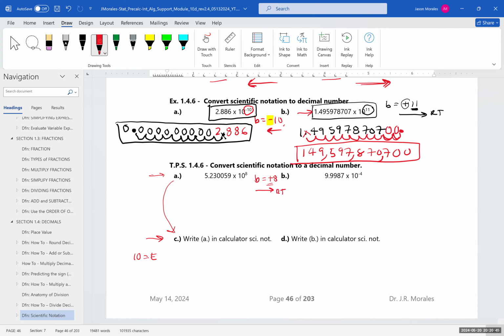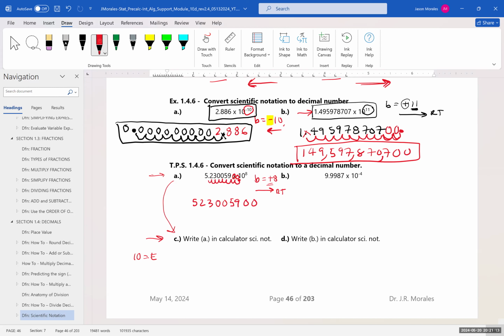All right, so here's our decimal point. We're going to move it 8 spots to the right. So 1, 2, 3, 4, 5, 6, 7, 8, decimal point. So we need to put 2 zeros there for placeholders. So we're going to have 5, 2, 3, 0, 0, 5, 9, 0, 0.